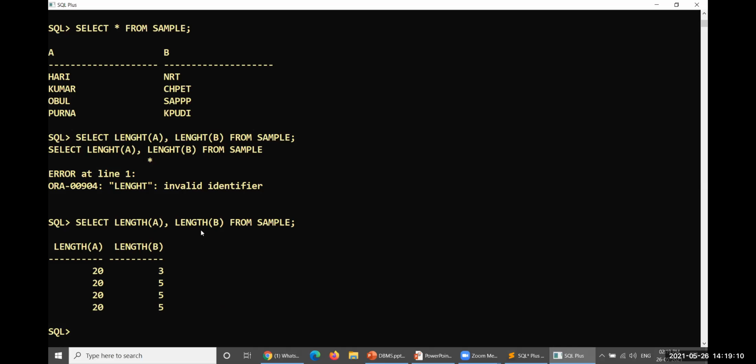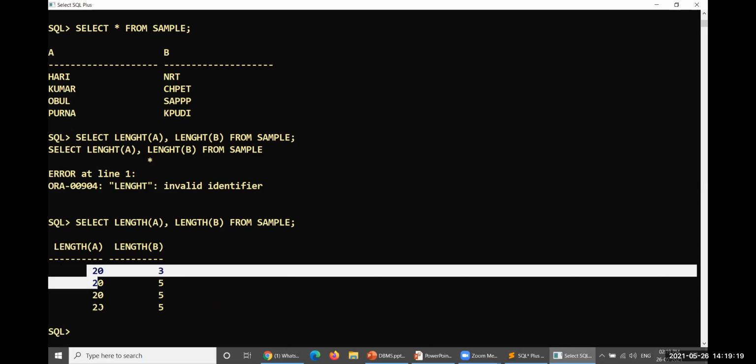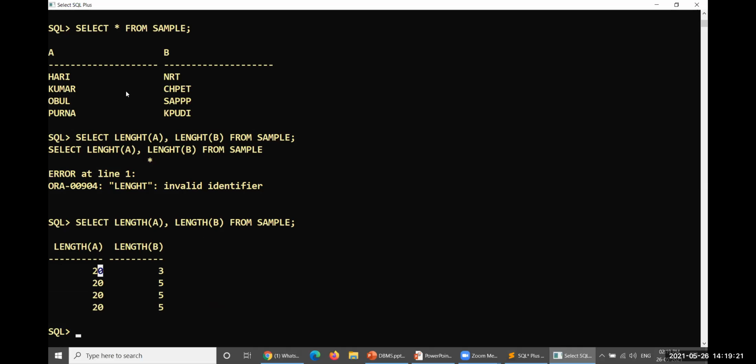Look at this. I have defined the CHAR as 20, and every row of this column has taken 20, 20, 20, 20. So what I told you: actual data here is 4 characters, and everything remaining will be filled with blank spaces. During my explanation, very long back, I gave such an explanation to you.